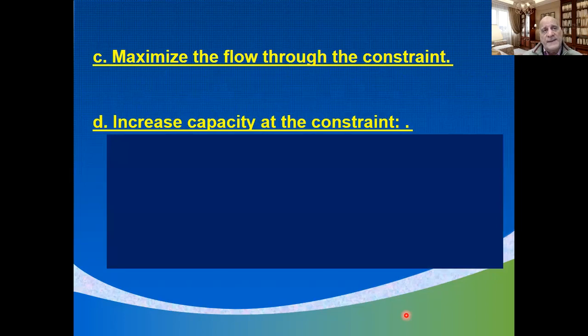In the short run, theory of constraints encourages a manager to make the best use of the bottleneck operation. This is in the short term. But the medium term step for improving the process is to increase the bottleneck operation's capacity to absorb more units.